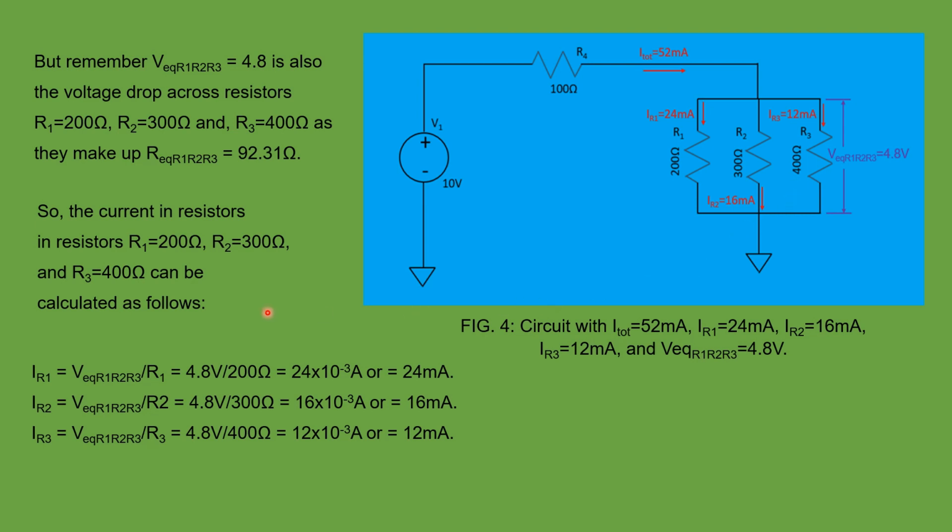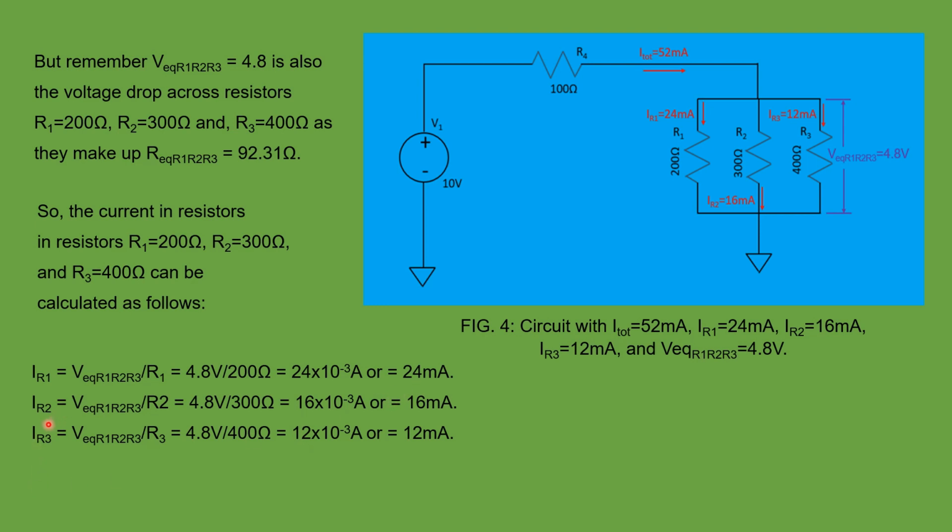So we can calculate the current in each of these three resistors, and we can say the current in resistor R1, which we denote as IR1, is equal to V equivalent R1, R2, R3 divided by R1, which is 4.8 volt, as indicated here, divided by R1, which is 200 ohms, and that gives us 24 milliamps.